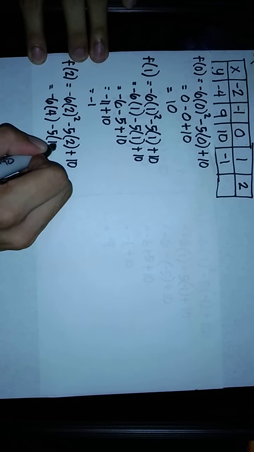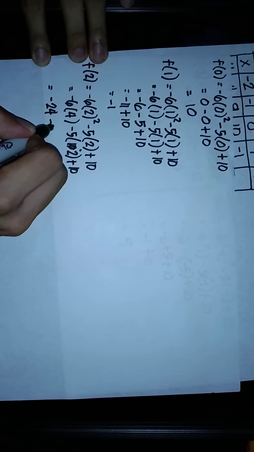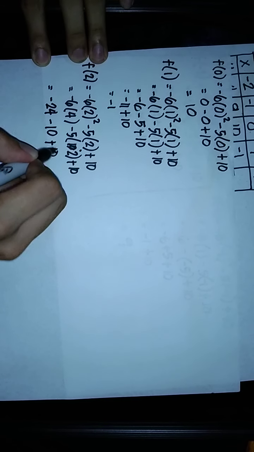F of 2 naman. F of 2 is equal to negative 6 times 2 squared, minus 5 times 2, plus 10. And this is equal to negative 6 times 4, minus 5 times 2, plus 10. So, negative 6 times 4, that is negative 24, minus 10, plus 10. So, negative 24 minus 10.